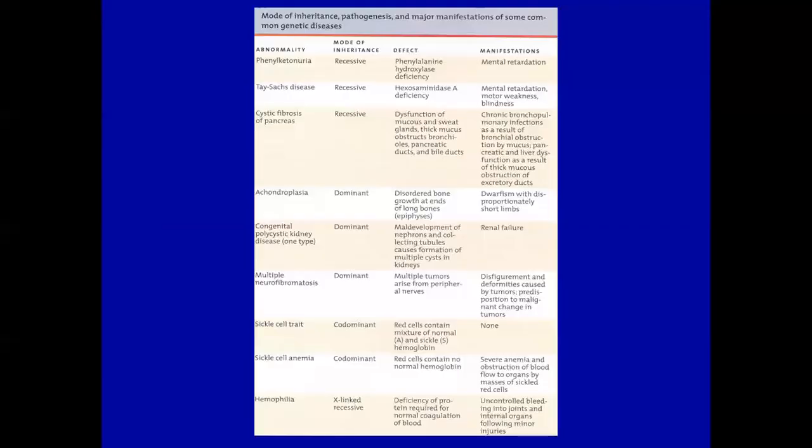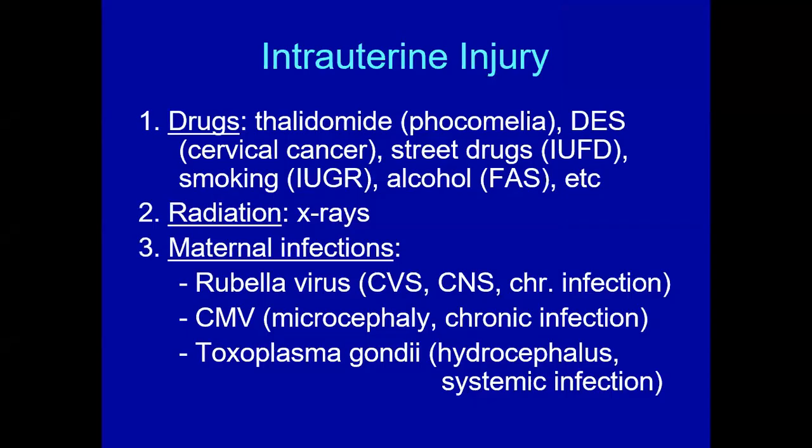Autosomal recessive disorders involve a defective gene for a protein or enzyme. There are also intrauterine injuries, such as drugs like thalidomide, and radiation such as X-rays, which can cause gene abnormalities.